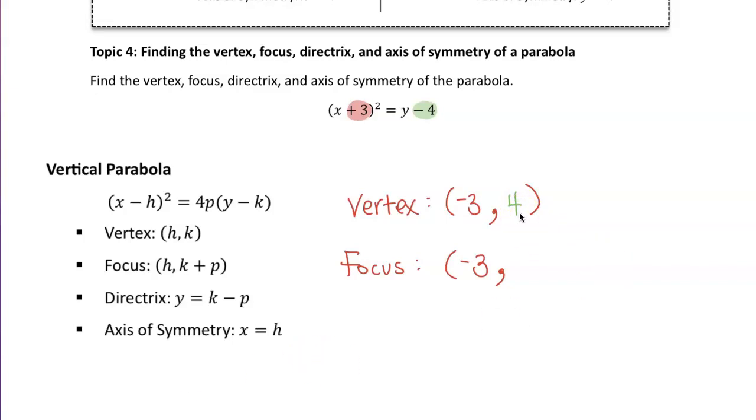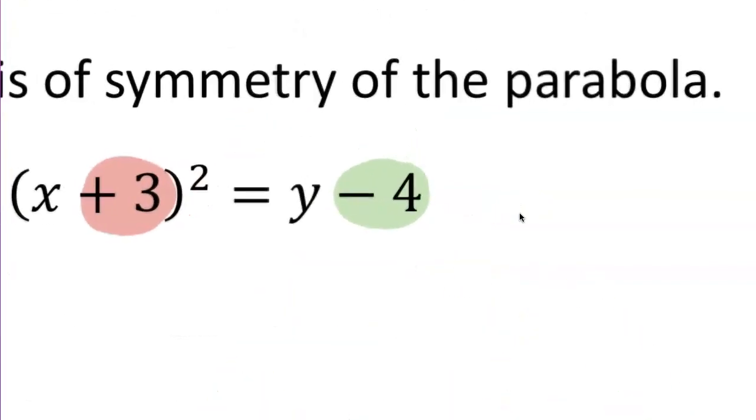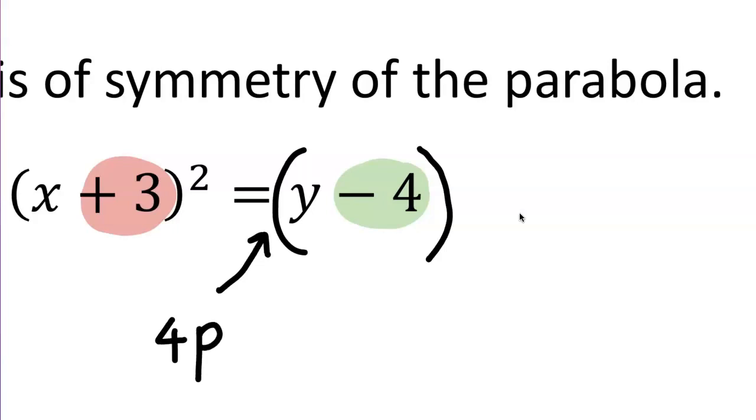Now, to find p, you have to look at the side with y minus 4. There should be 4p in front of there, but there's no 4p there, right? It just says nothing. So what must be that hidden number? It's gotta be 1, right?